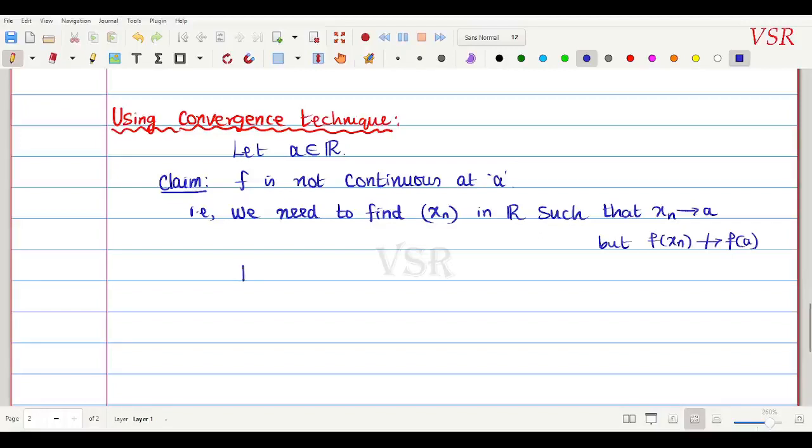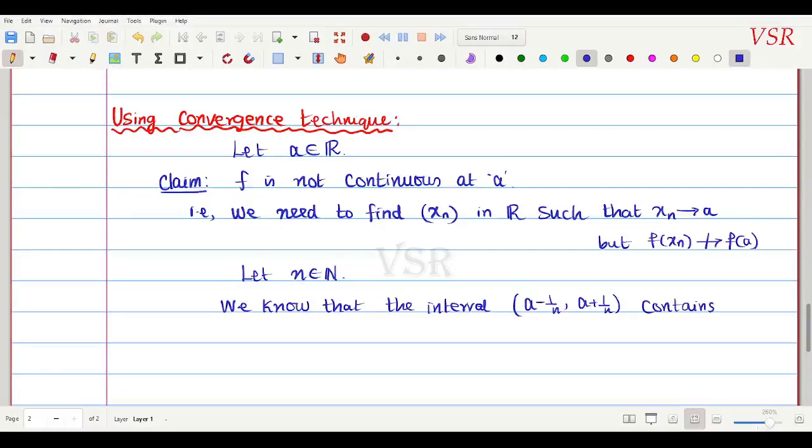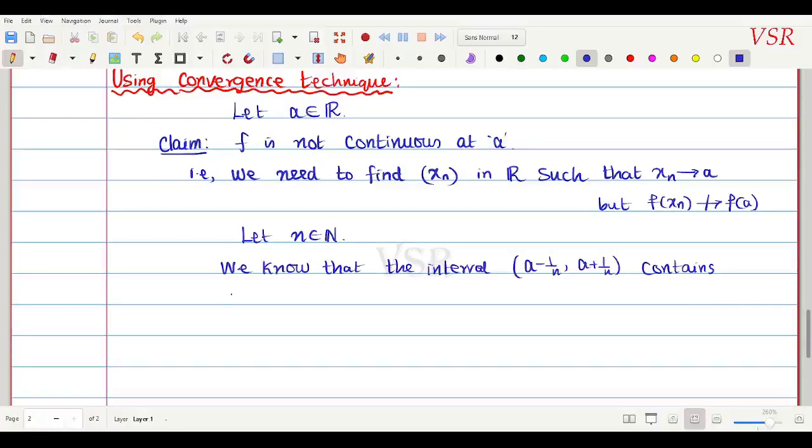Let n belong to the natural numbers. Okay, we know that the interval a minus 1/n comma a plus 1/n contains infinitely many rationals and irrationals.